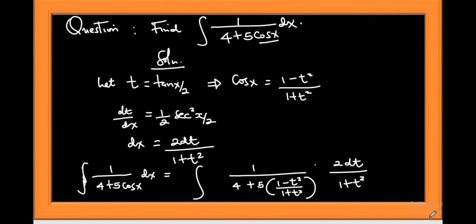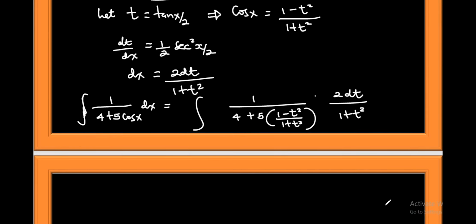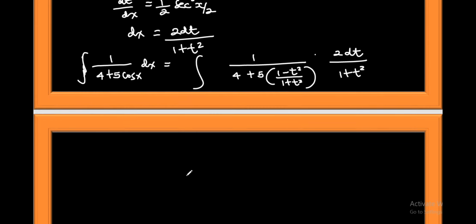Now from this level, we can proceed and simplify this expression first. So I'm going to simplify this expression with you. If we do so, we shall come up with the integral of 1 divided by, first of all, here down, the LCM is clearly 1 plus t squared.